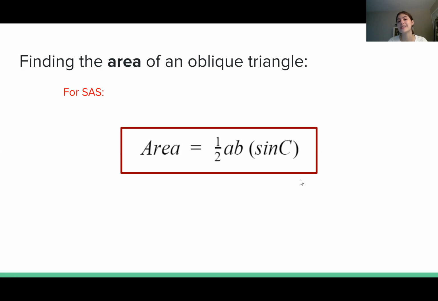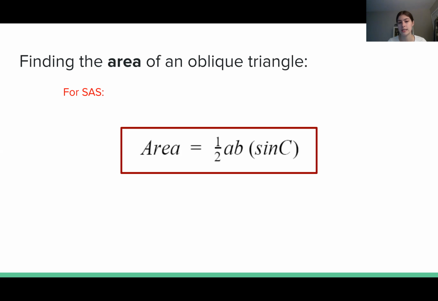So it's not necessarily that it has to be side A or side B and an angle C. It just matters, again, that you are given side, angle, side, and that you plug in the 2 sides for A and B, and that you plug in the angle for C, okay? So whereas it does matter the order when you're looking at the law of sines, it doesn't technically matter for the law of cosines.